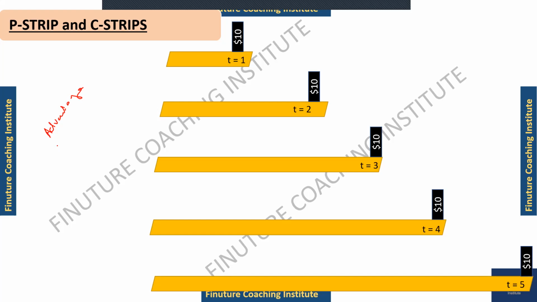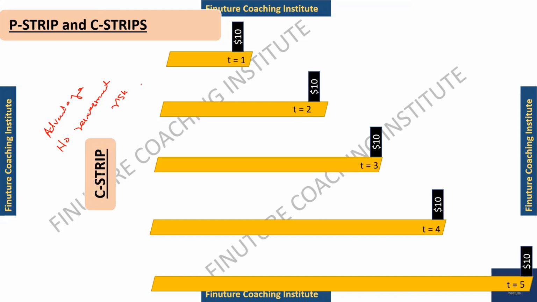Advantage of these strips is no reinvestment risk. Pension funds need payment at a higher tenor, so they prefer these kinds of securities. This was an example of a C strip, which was segregated from the original T note.